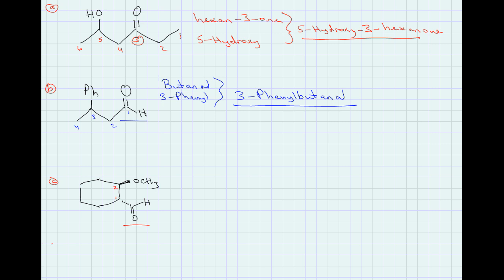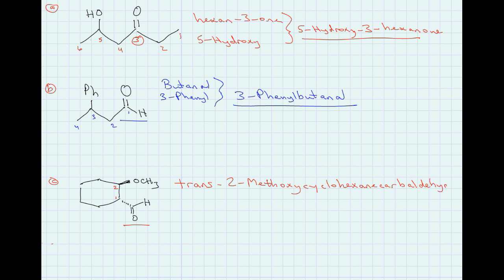An easy way to name this compound, I think, would be to call it trans, since we have the methoxy group going up and then we have the aldehyde going down. So trans 2-methoxy cyclohexane carbaldehyde.